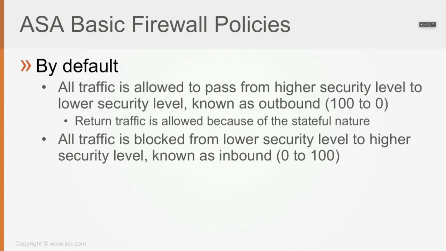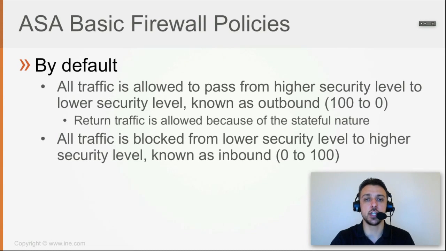Likewise, all traffic is blocked by default from low security level to higher security level. This is known as inbound traffic, which in general is going to come from the internet. It's all tied to those default security levels, because by default it's assumed that you're going to name your LAN interface inside and your internet interface whatever, which means you end up in the same setup where the inside has a security level of 100 and the outside, the internet, has 0.